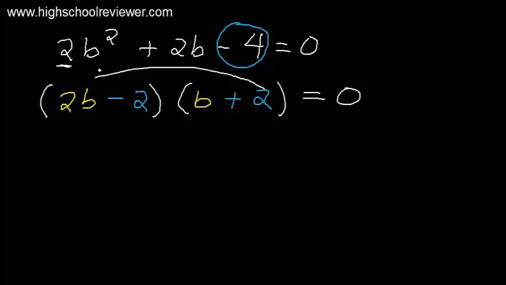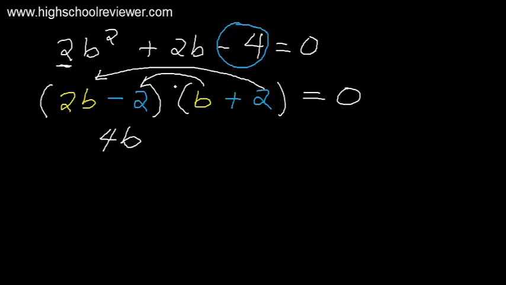And then let us check if the sum of the outside terms and the inside terms will be equal to positive 2b, then these are the correct factors. Okay, so let us check. 2b multiplied by positive 2, that is equal to positive 4b.